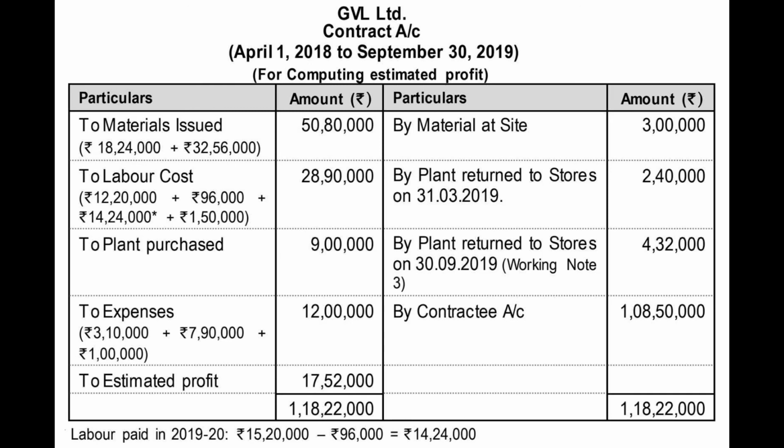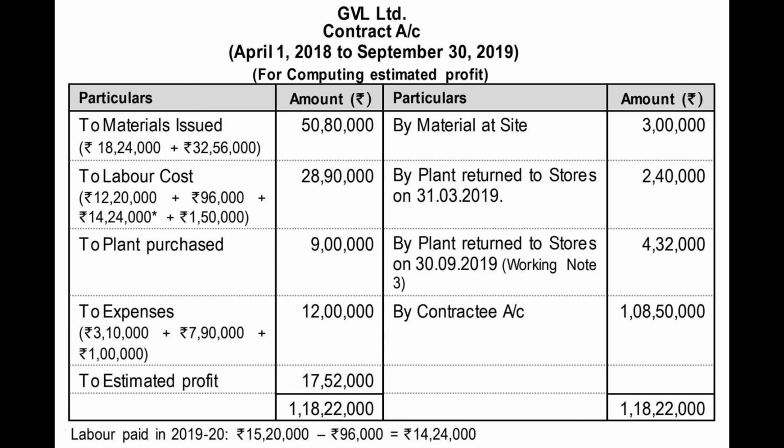The total amount of debit side is 1,00,70,000. Go to credit side, add all the amounts 3 lakh, 2,40,000, 4,32,000, 1,08,50,000. Total amount on the credit side would be 1,18,22,000. Whichever is higher, credit side is higher.